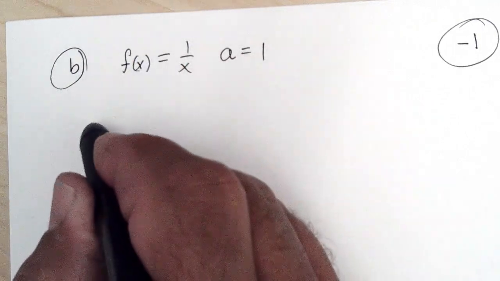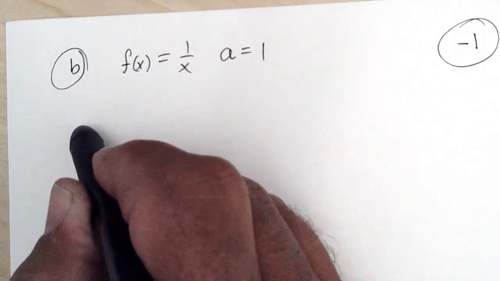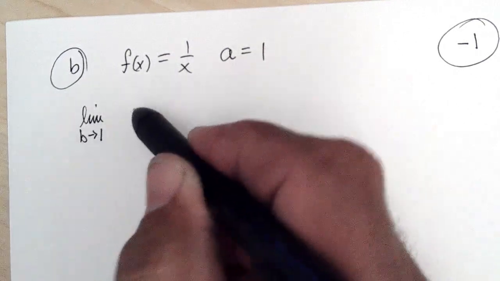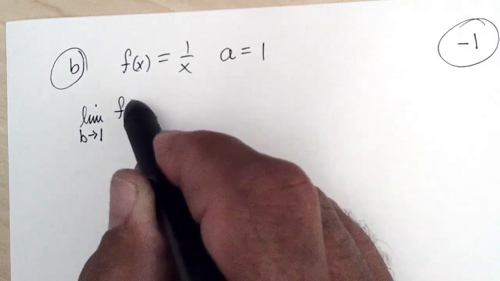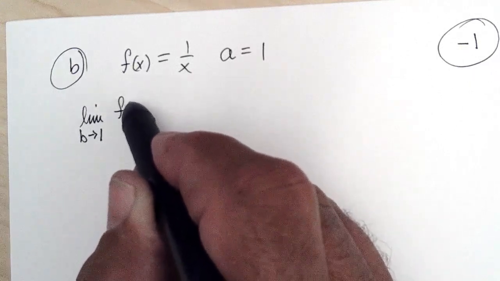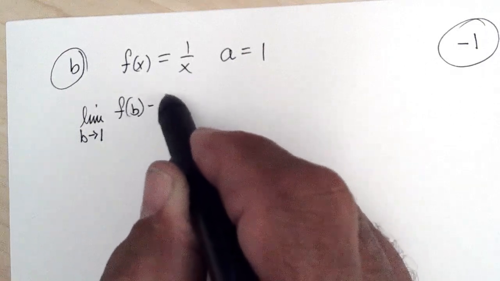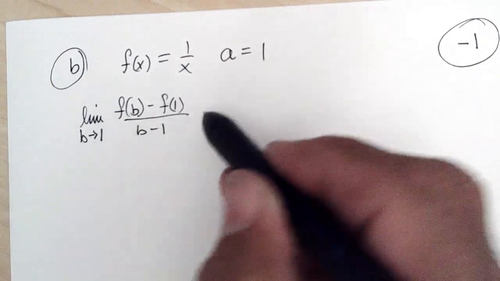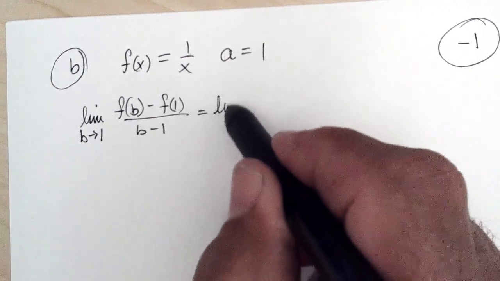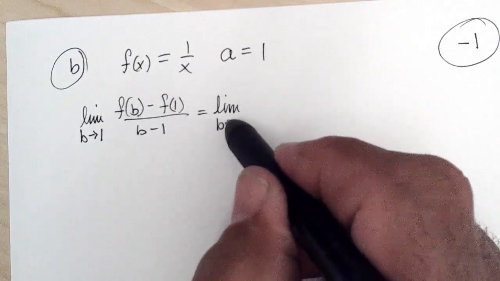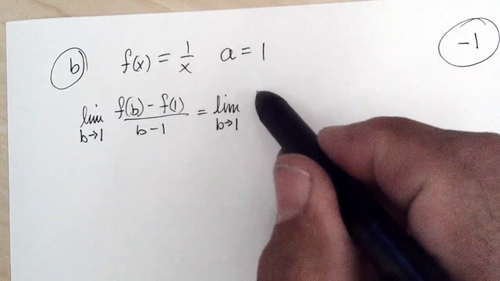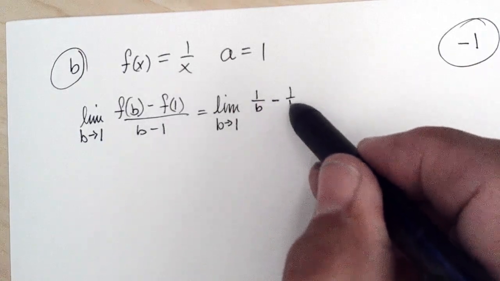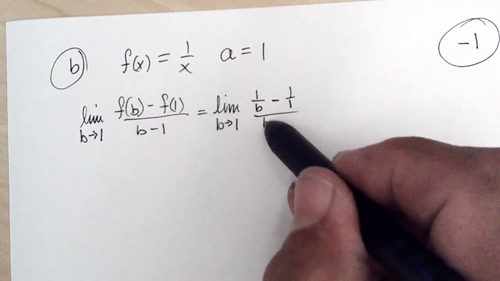So I'll do both of them. The limit as b approaches a, which is 1, of f of b minus f of a over b minus a. So we're finding the limit of 1 over b minus 1 over 1, over b minus 1.